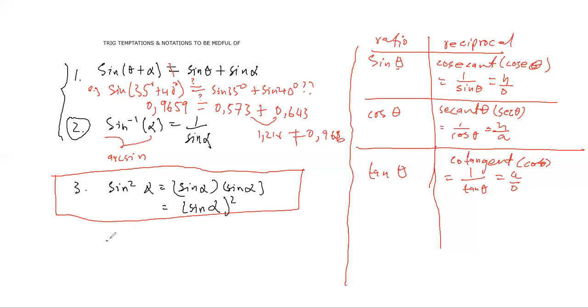So for example, if you want to know the value of sine squared 30, what you should do in your calculator is punch in sine 30 and then square. That's how you punch it in the calculator.